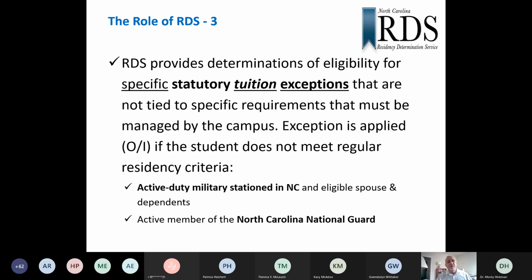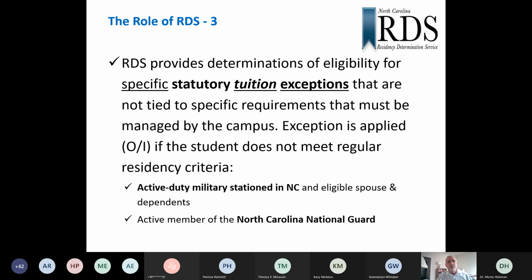There are two specific statutory tuition exceptions that RDS will handle. And the reason is they don't require something like, for example, the veterans exception, requires that they have to, in that term, have and use a benefit. Once it's used up, it's used up.